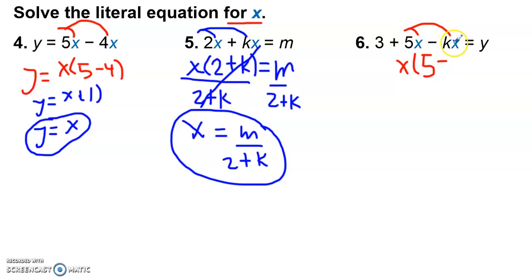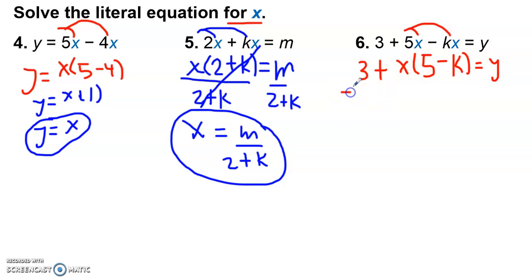And if you take the x out of kx, it leaves you with k. And then we have y on the other side, and then positive 3 over here. So now we have this timesing to x plus 3.